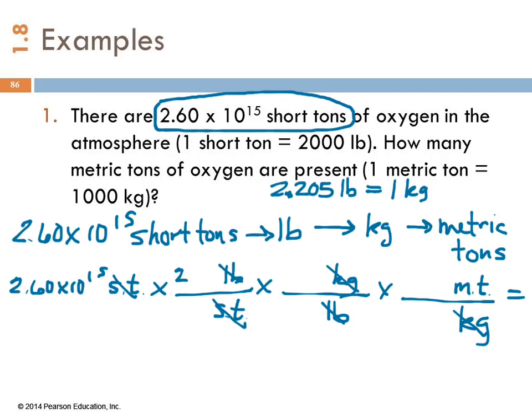So 2,000 pounds is 1 short ton. The middle one, kilograms and pounds: 1 kilogram, 2.205 pounds. You can't switch the numbers just because you'd rather multiply. Metric tons: 1 metric ton, 1,000 kilograms.